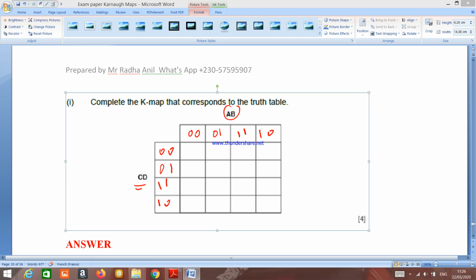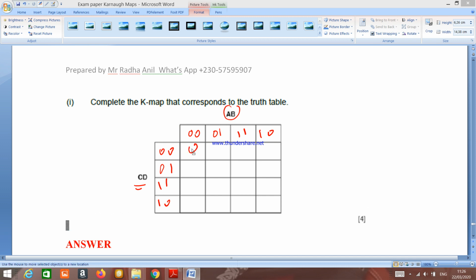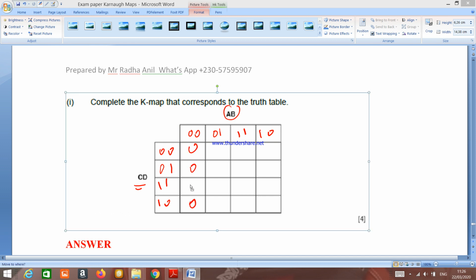The order that we put it is 0 0 0 0, then 1 1 1 1, then 0 0 0 0, 1 1 1 1. This is the order we place it. Wait, we made some mistake.